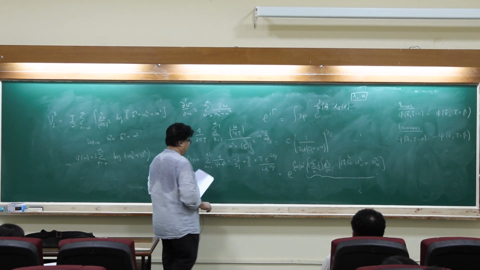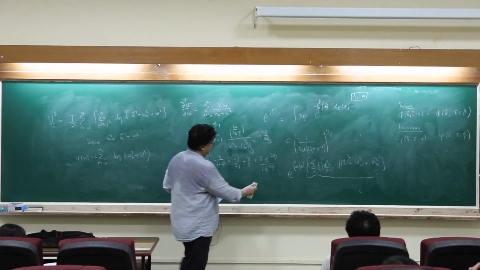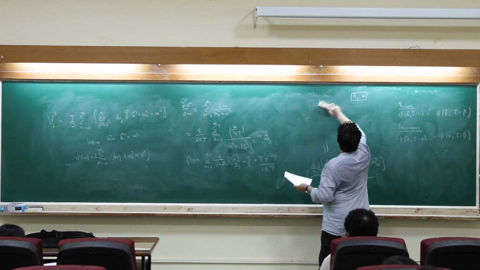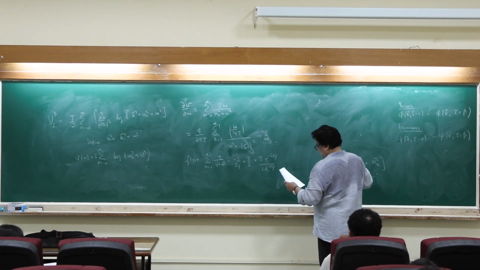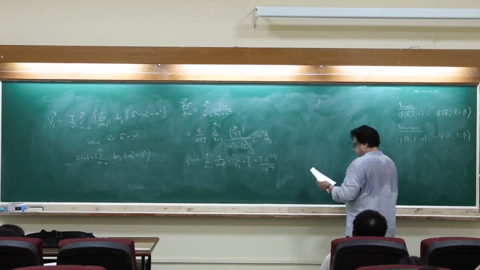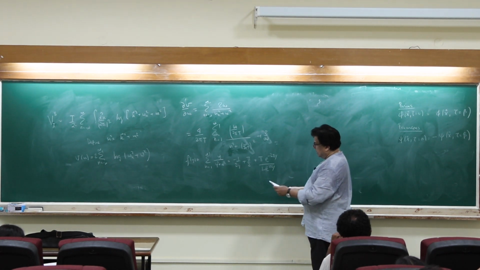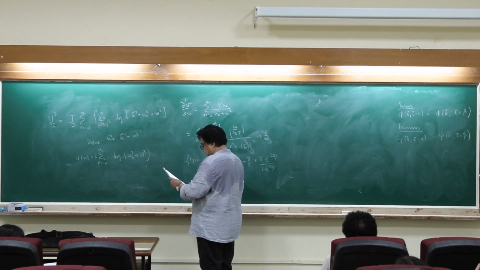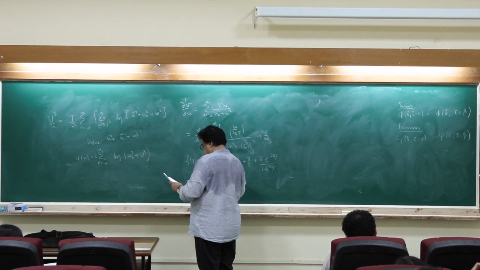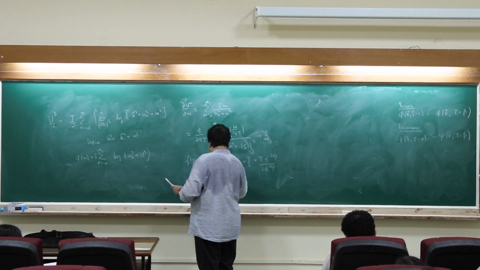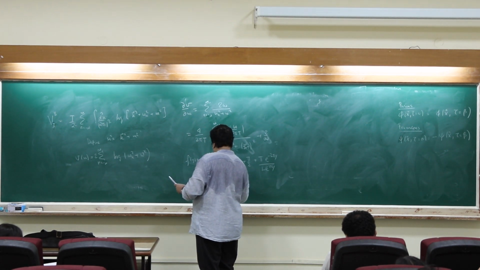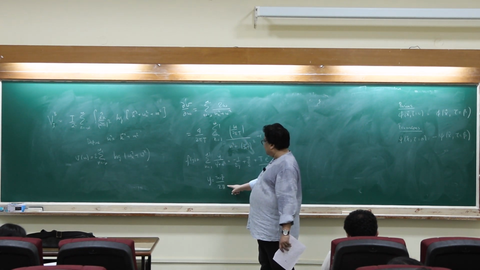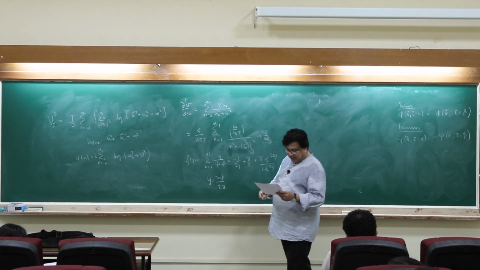So use a mathematical identity and put it back there. So here y was omega beta upon 2 pi. So if I have y equal to omega beta upon 2 pi, I can use this formula.